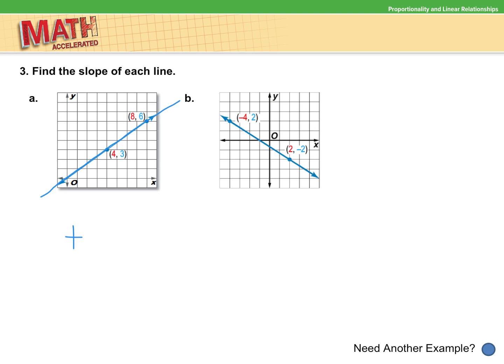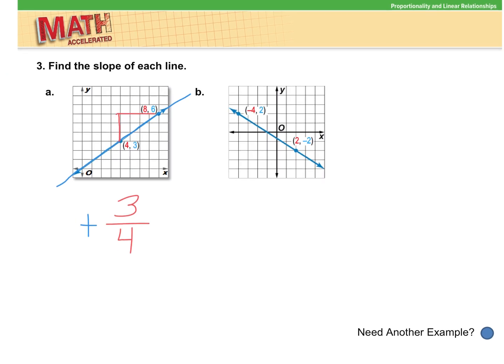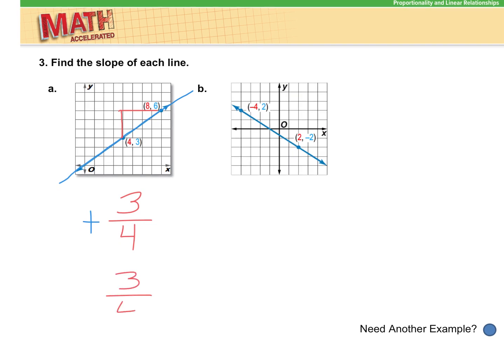Rise and run. Rise over run. So start at one point. I'm going to start at the bottom point. Where do I go first? Up. How many? Up 3. Now I need to go where? Over. Run 4. Right. Can I simplify 3 over 4? No. So I'm just going to leave my answer as 3 over 4.